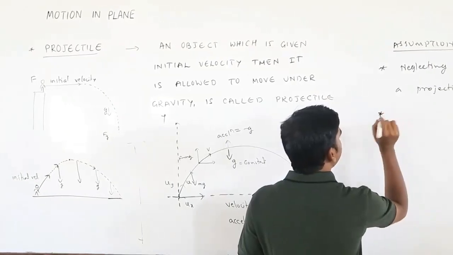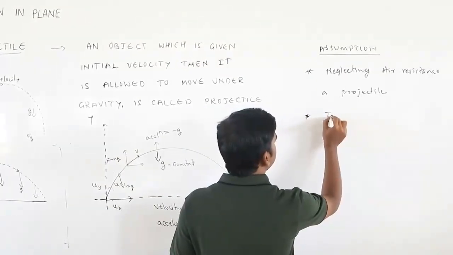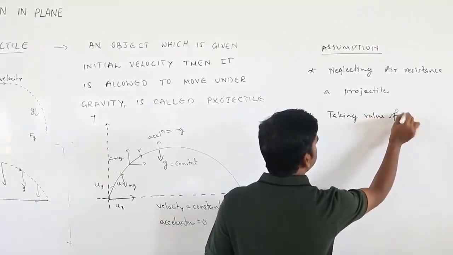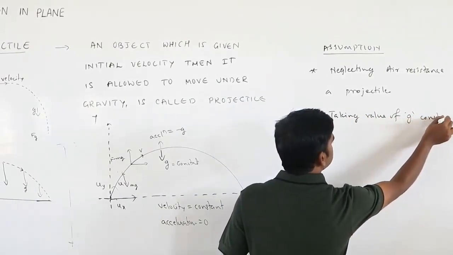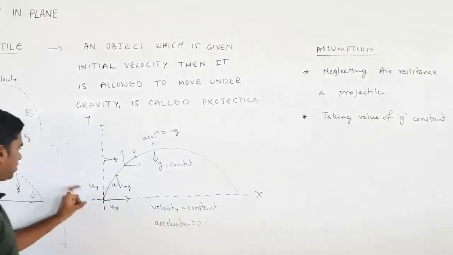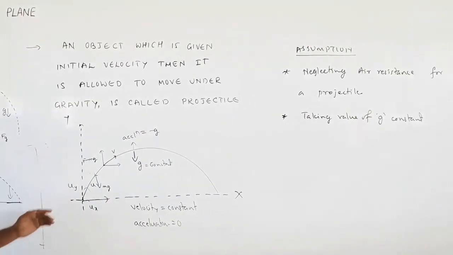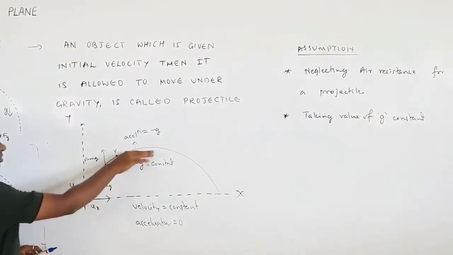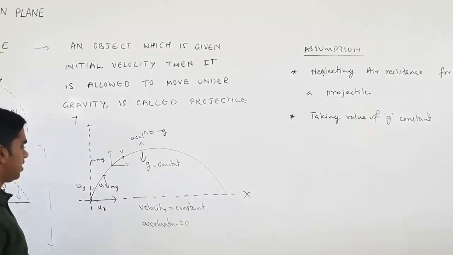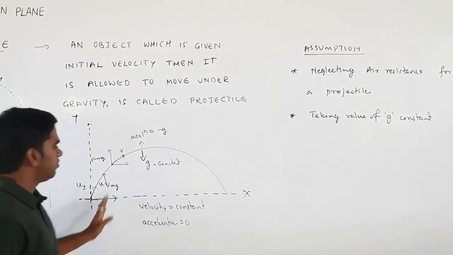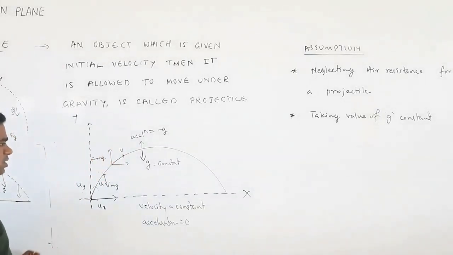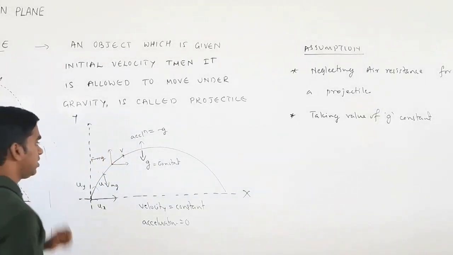Actually, it is a variable for different positions when the heights are more. So the value of g is going to be different, but we are taking it as a constant for the whole journey of the projectile.